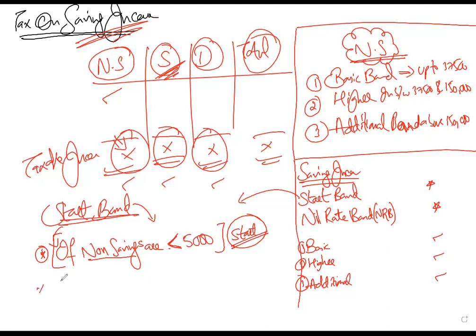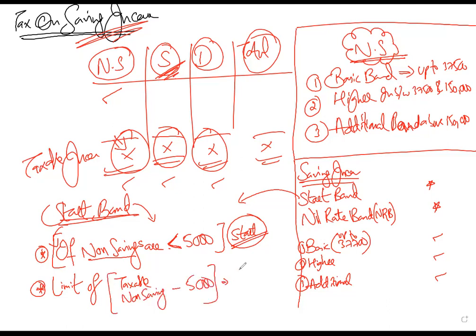And the limit of the start band: like the basic band has a limit of how much? 37,700. We know that, right? So what is the limit of the start band? The start band will arise only if non-savings are less than 5,000, and if it arises, it will have a limit of taxable non-savings minus 5,000.